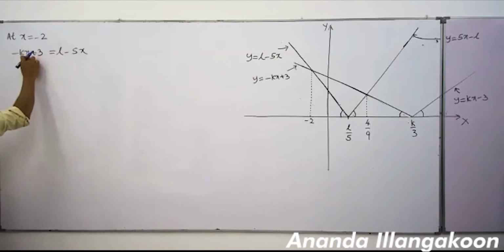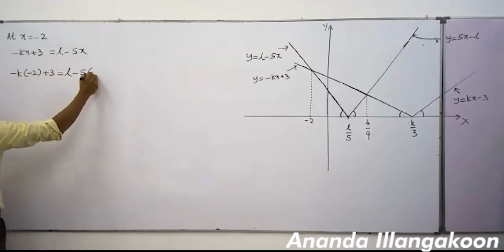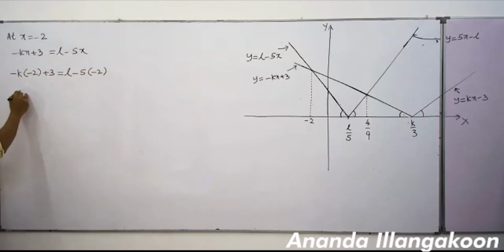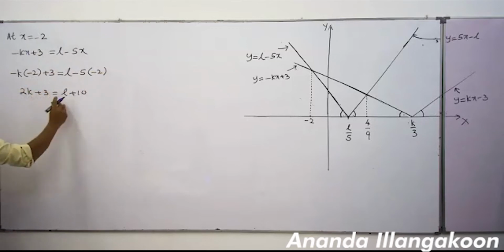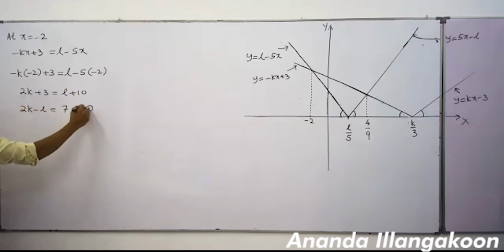Put x equals minus 2 here: minus k times minus 2 plus 3 equals L minus 5 times minus 2. Here 2k plus 3 equals L plus 10. Take this side, 2k minus L equals 7, number 1.